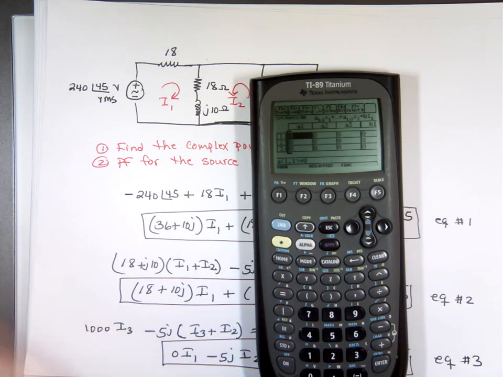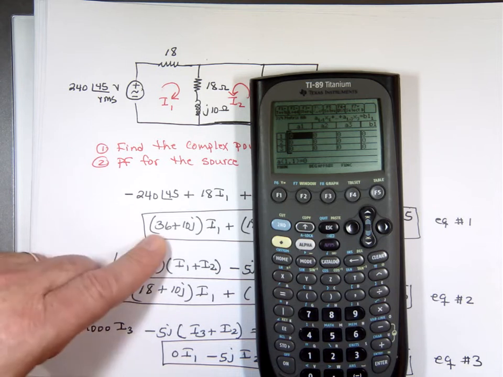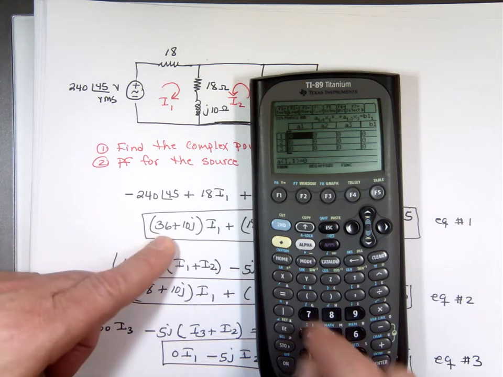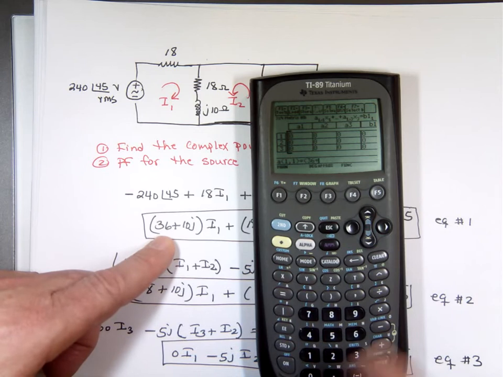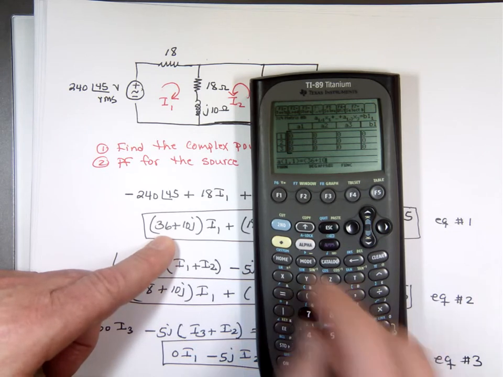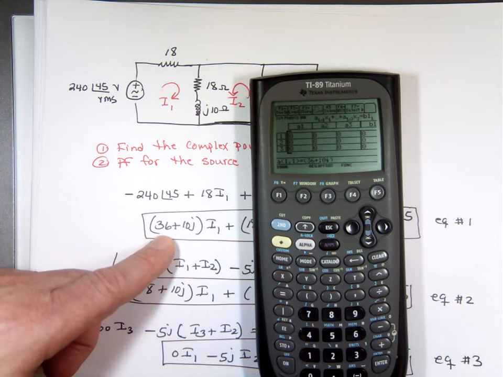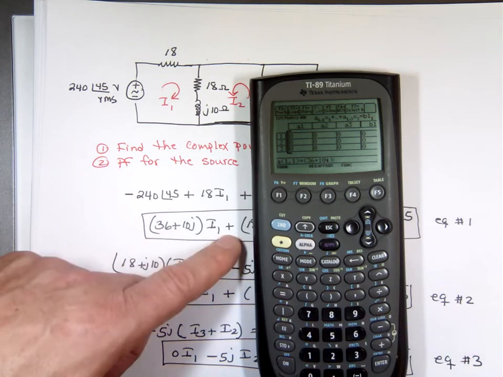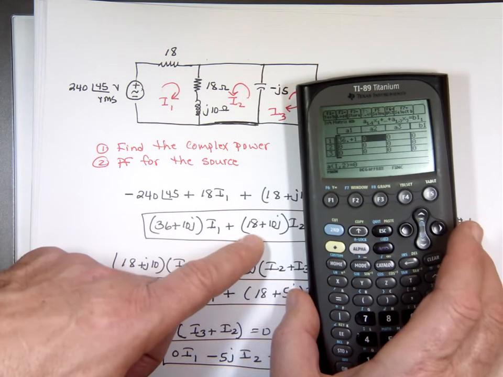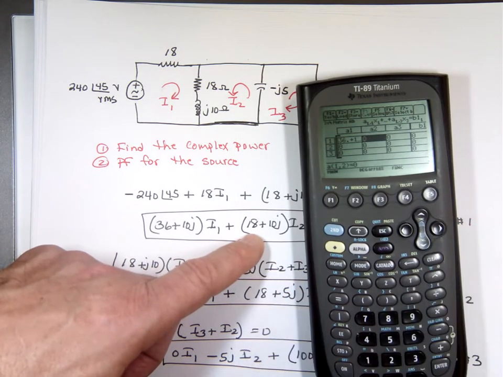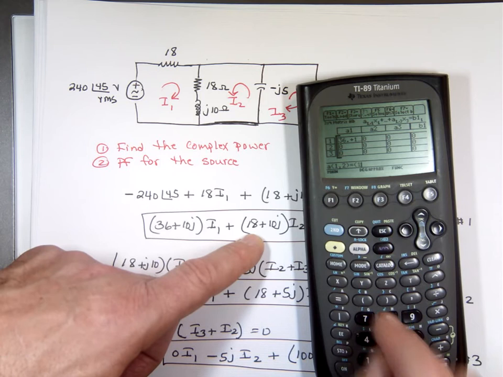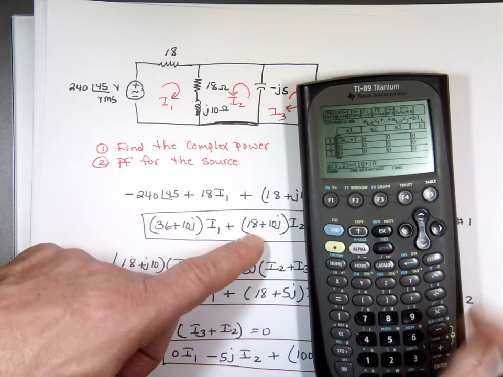And now let's put the values in. So the first one, 36 plus 10j. 36 plus 10j, that's i. That's the first value. The second value, 18 plus 10j. Parentheses, 18 plus 10i.